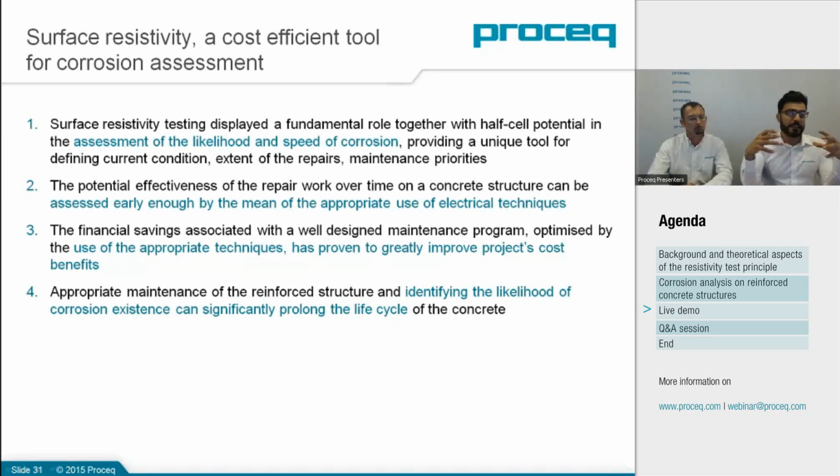So again, using half cell potential and electrical resistivity techniques in parallel to each other, we will be able to get a great idea about the expected life cycle of our existing structure.